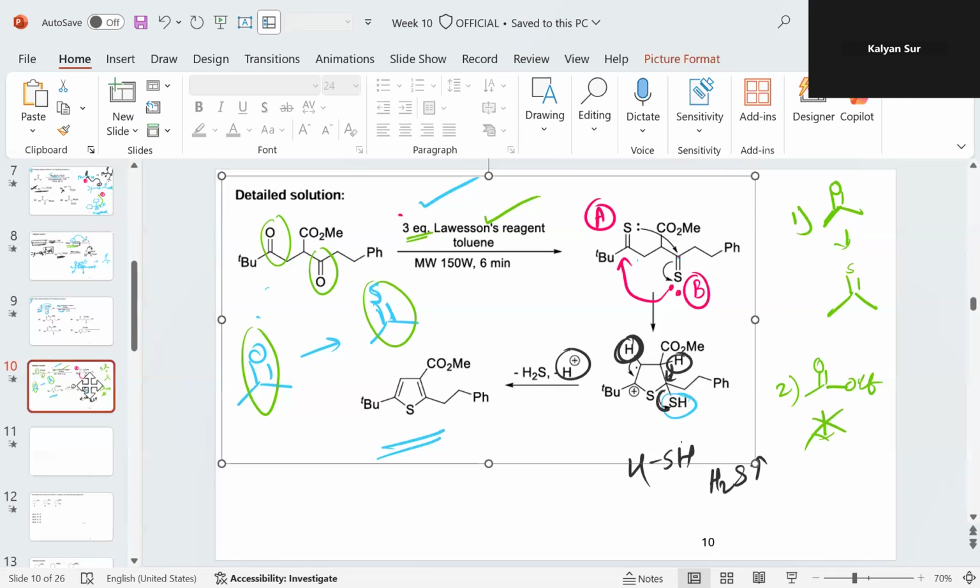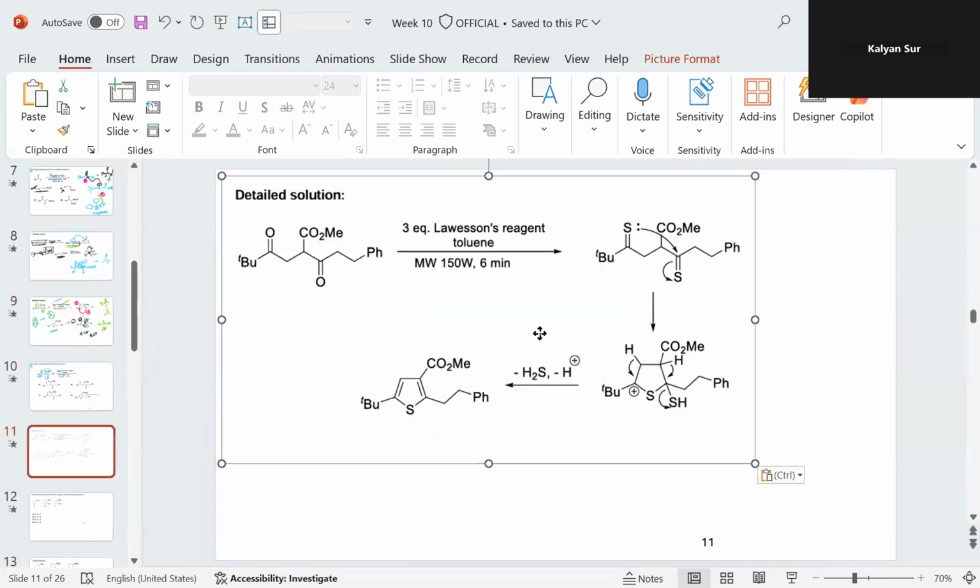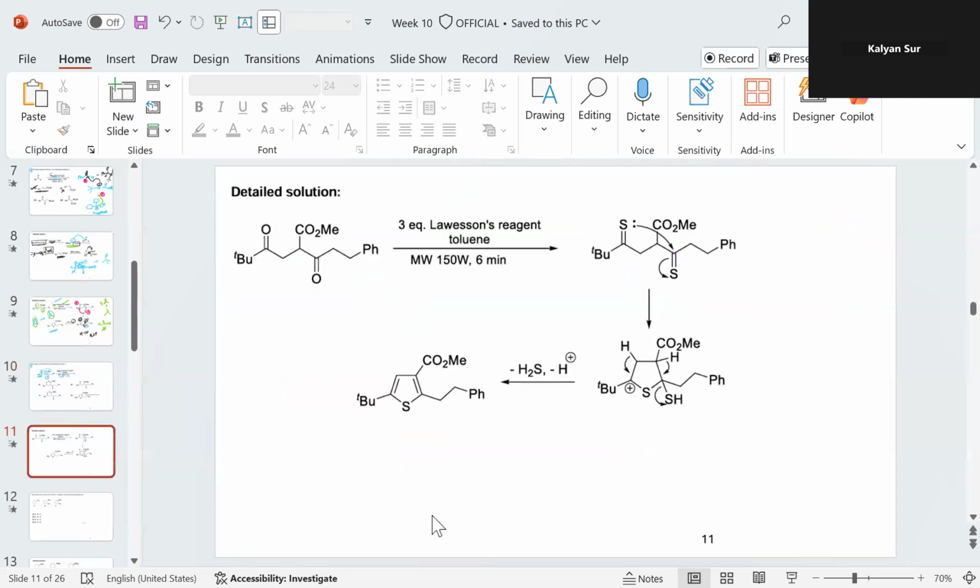So instead of this sulfur, if the other sulfur attacks on this position, what will happen? If that sulfur is attacked, this bond will be like this, and this sulfur will go here. So what will be the product? The product will again be the five-membered ring. So that's the sulfur.